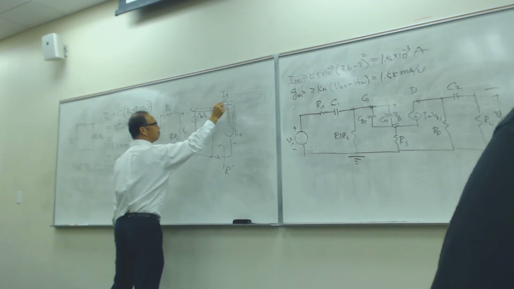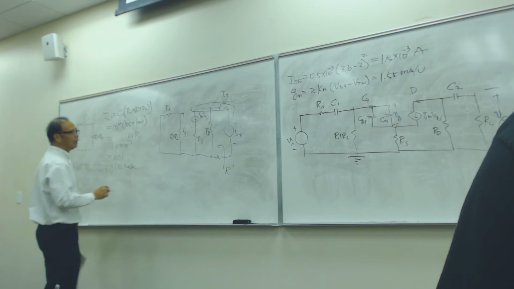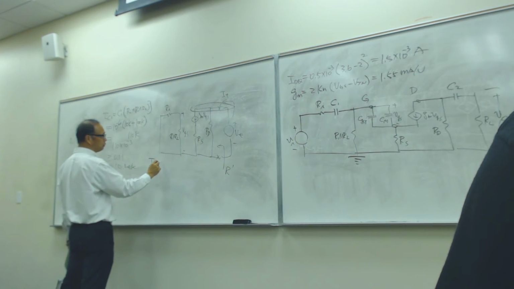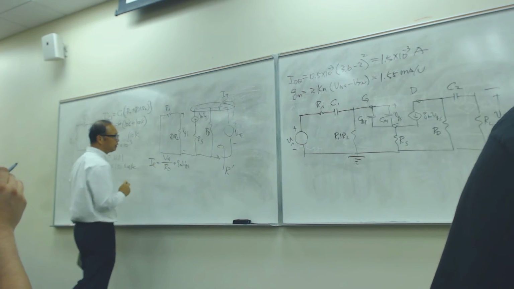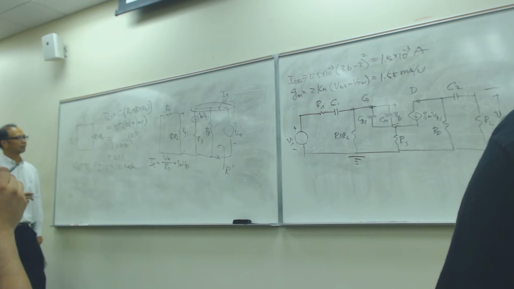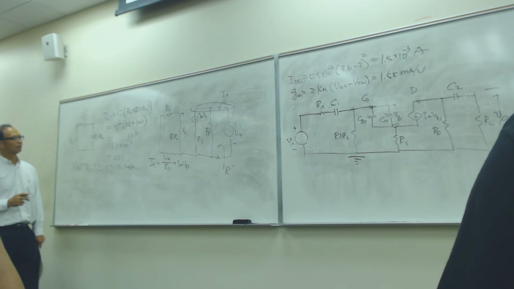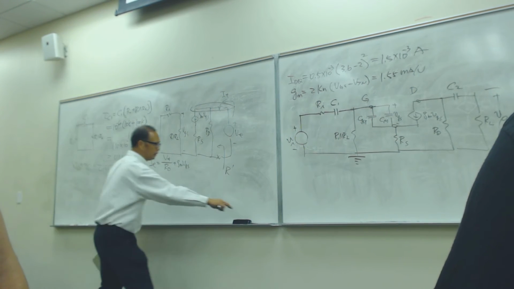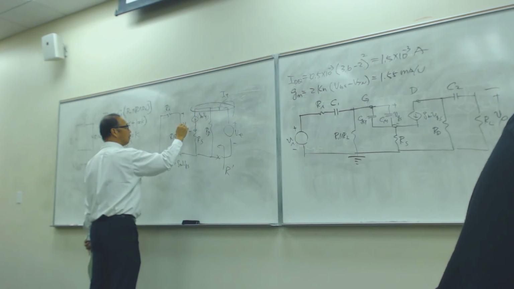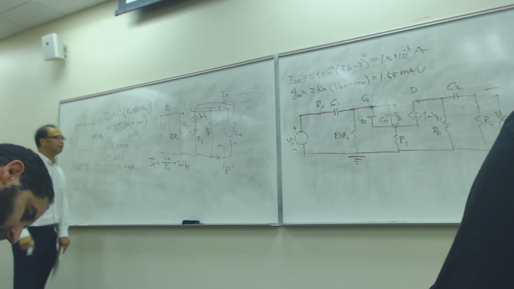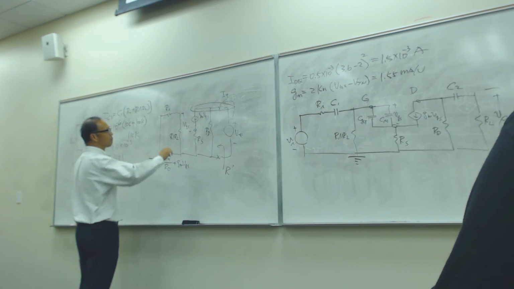Okay, so if you look at this node, IT is equal to VT over R sub D plus Gm VGS, yes? VGS is just between the gate and the R sub S. Yes, that's right. All right. So, what do I know?